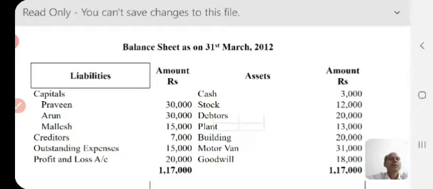Creditors 7,000, outstanding expenses 15,000, profit and loss account 20,000, cash 3,000, stock 12,000, debtors 20,000, plant 13,000, building 20,000, motor van 31,000, goodwill 18,000. See this carefully.